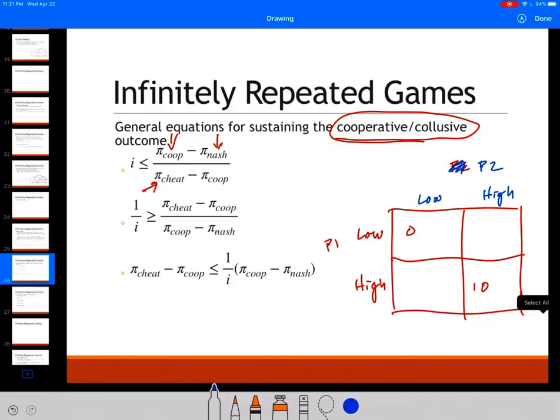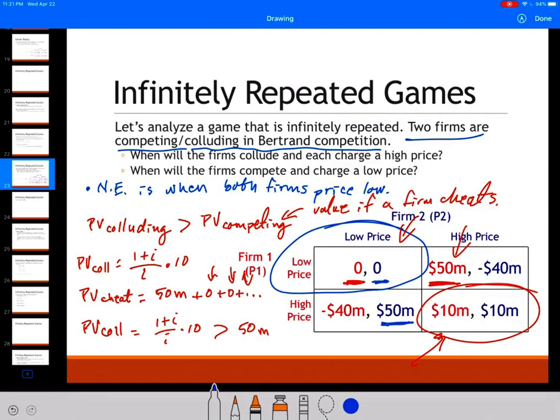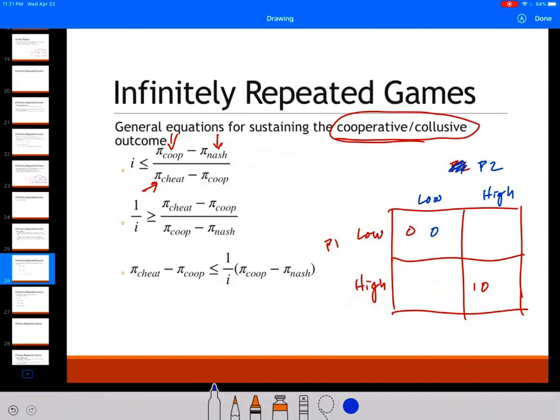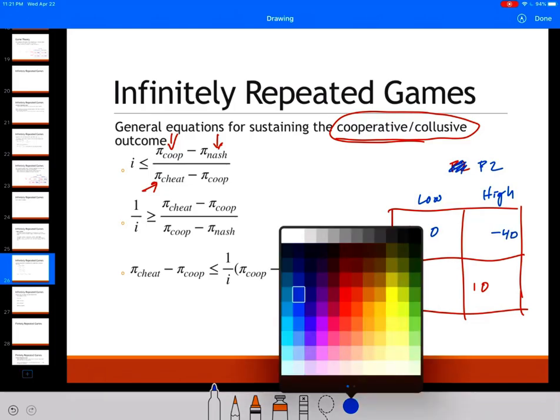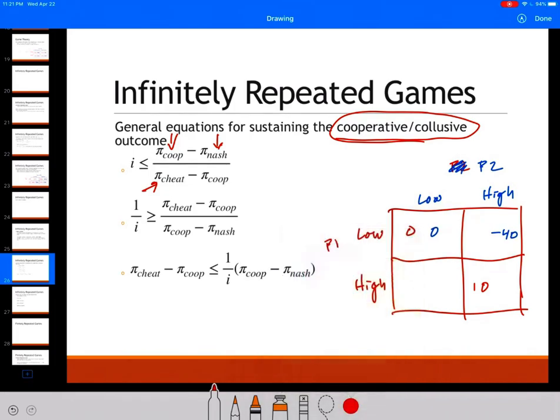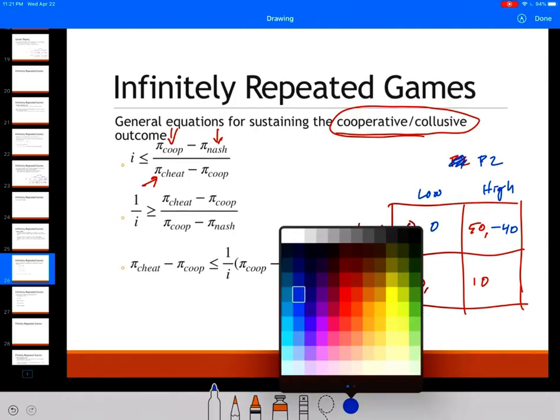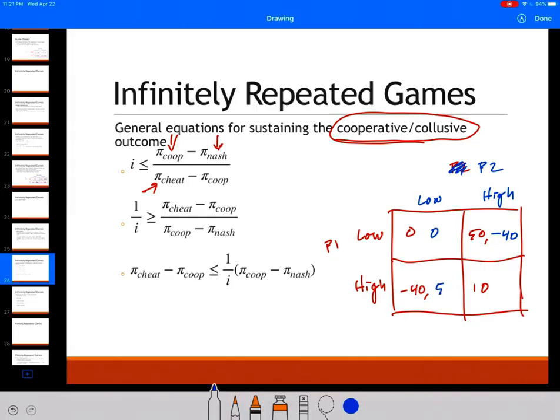And so we have 0 here, and if player 1 does low and player 2 goes high, that's when player 2 loses all the money. Actually, let me just look up here and write these down. So negative 40 million and 50 million. So negative 40 over here, and let's change this to 50. Which means we're going to have the opposite here. This is negative 40, and then player 2 gets 50. And 10 here.